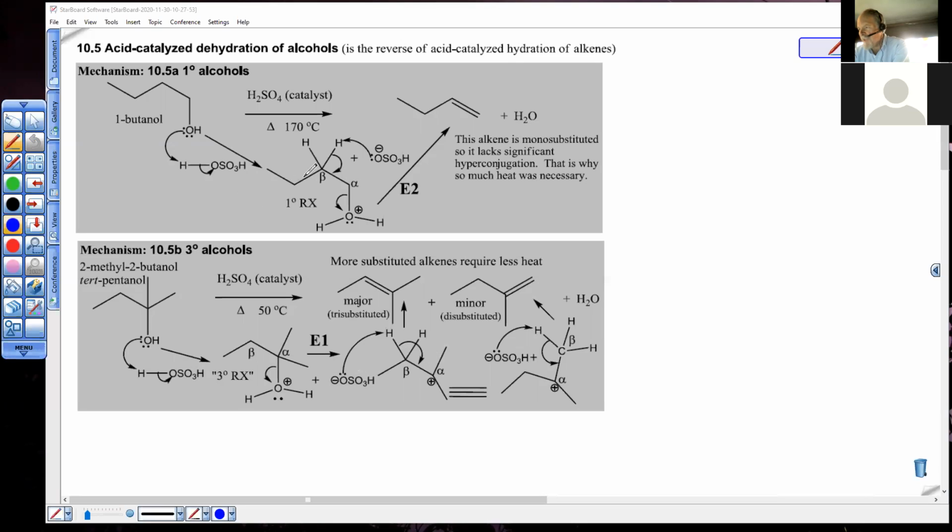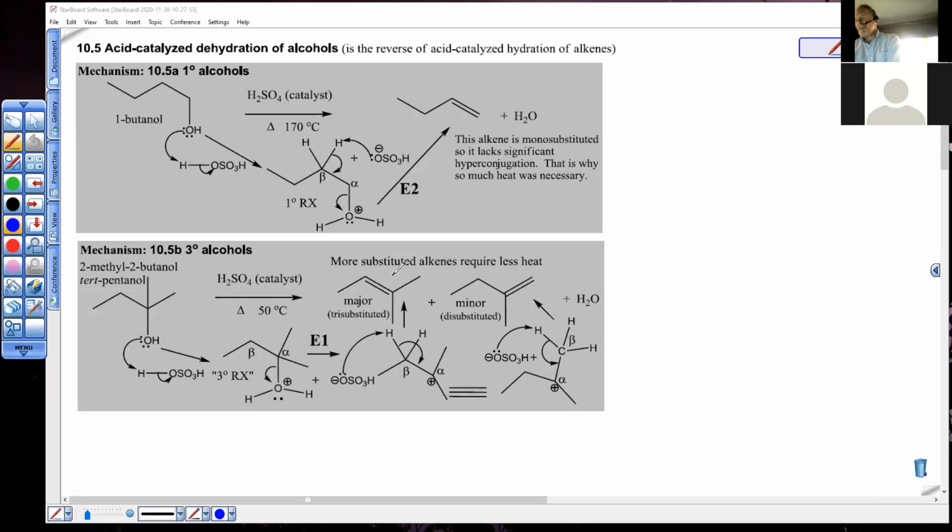Now this one, you can't make a carbocation. You're not allowed. No carbocation. So what's the other fate? Well, an E2 that requires a lot more heat, because E1 from a tertiary cation is going to happen a lot faster than E2 from any species.